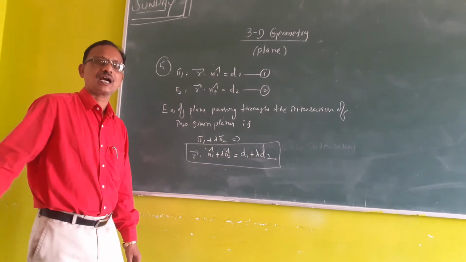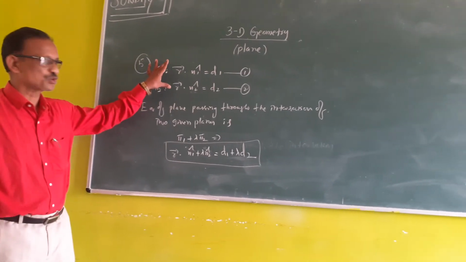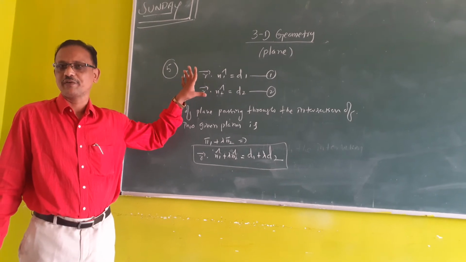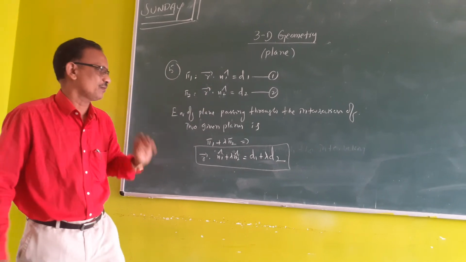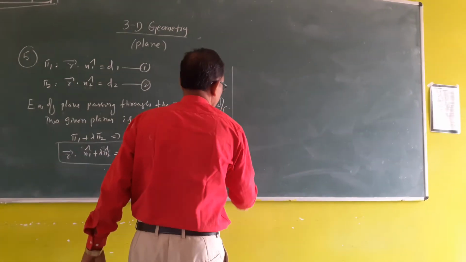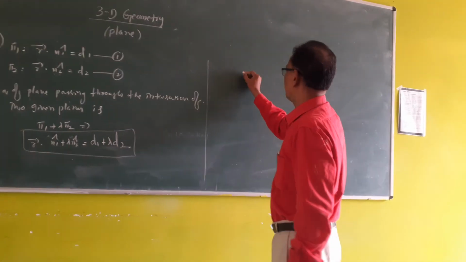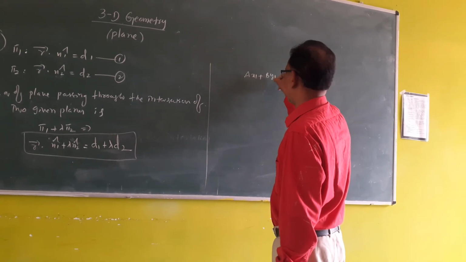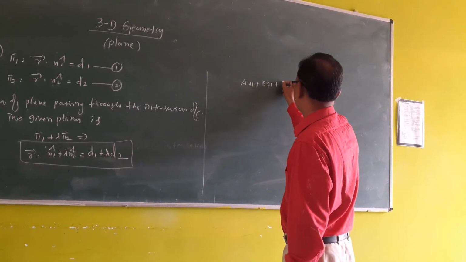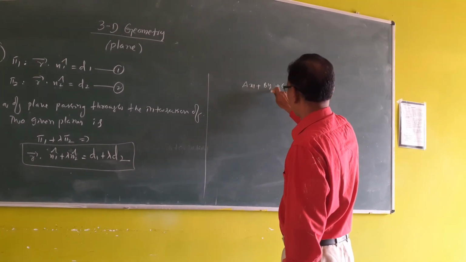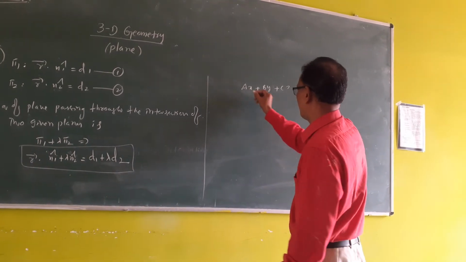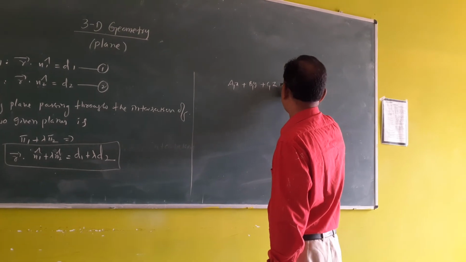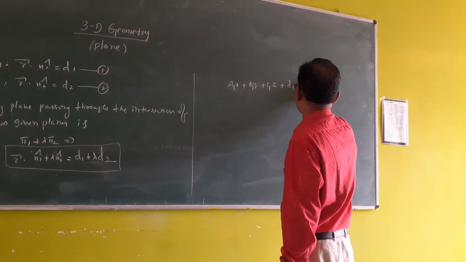Next, Cartesian form, because these two were given in vector form. If the plane equations are given in Cartesian form, then how to write? The first plane: a1 x plus b1 y plus c1 z plus d1 equal to 0.